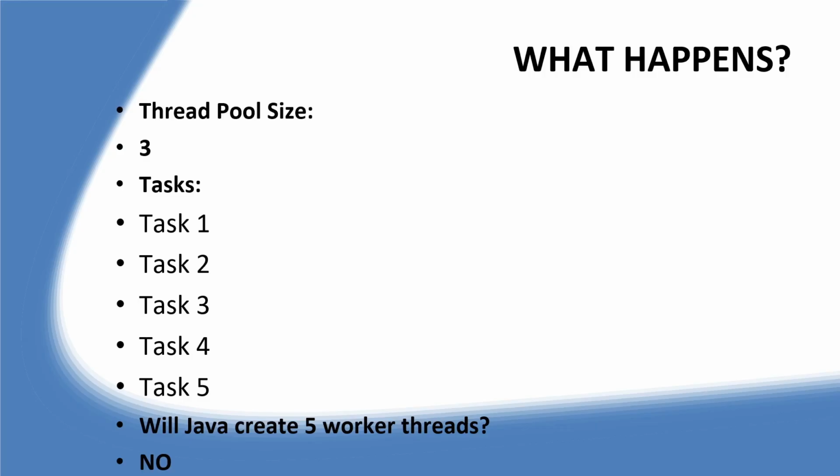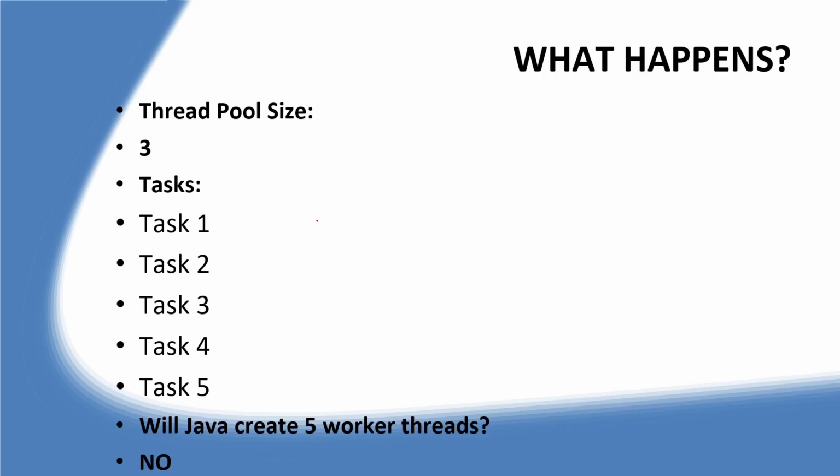So will Java automatically create 5 worker threads for the fixed pool? The answer is no. At most 3 worker threads from this pool will be available to execute tasks concurrently. So the remaining tasks will wait until one of those workers finishes its current task.